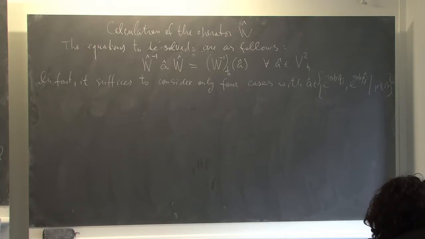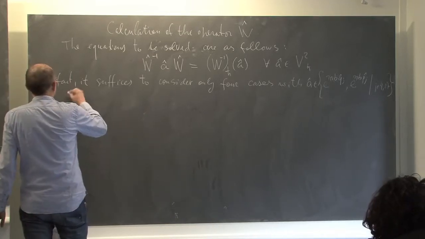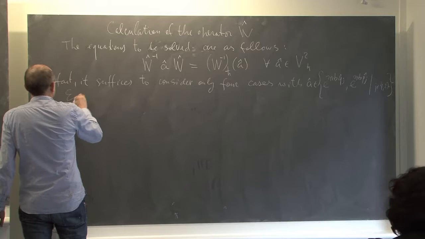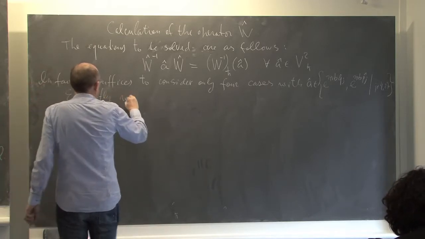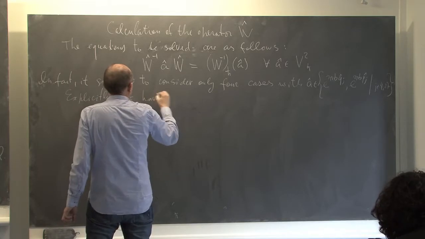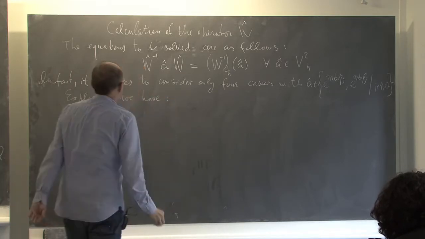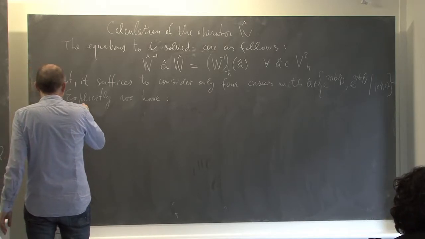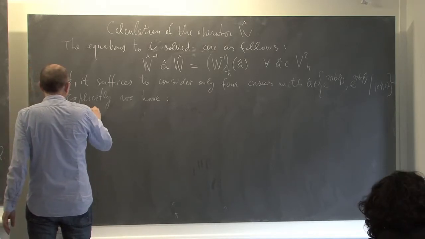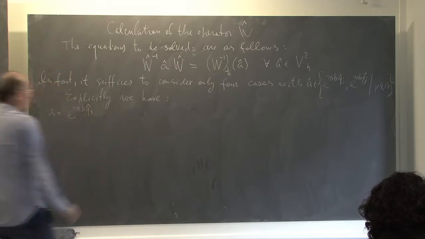And now we have to explicitly write out those equations. So let us write the case A hat equal E 2 pi B Q1 hat.